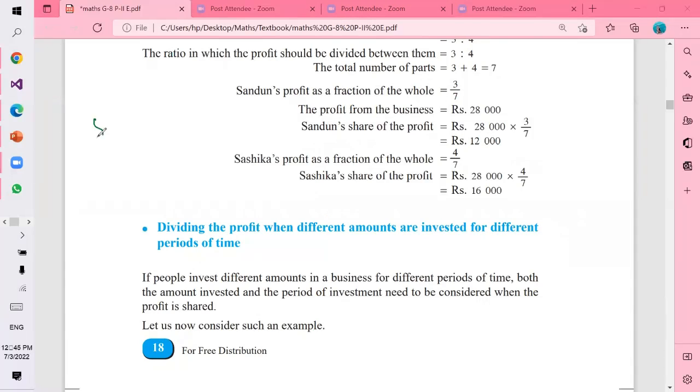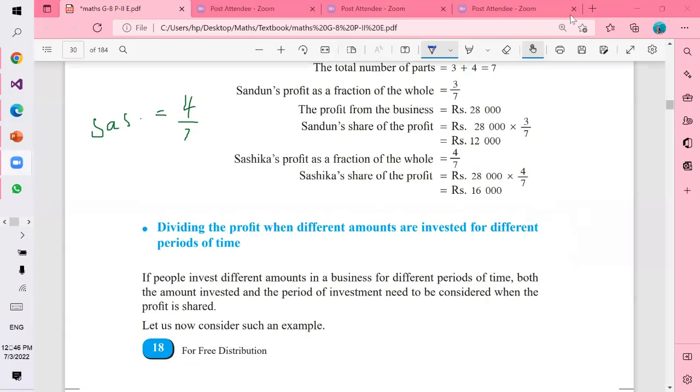Okay, so this is Sashika. Like the earlier one we did, we have to take the fraction of Sashika's profit. Viara, what is the fraction of Sashika's profit? 4 over 7. Then what is the total profit of the business? 28,000.